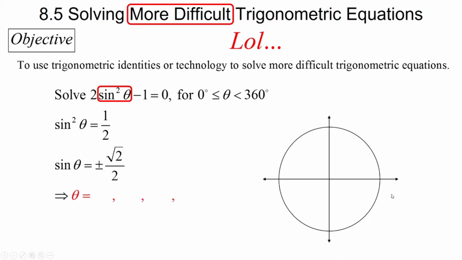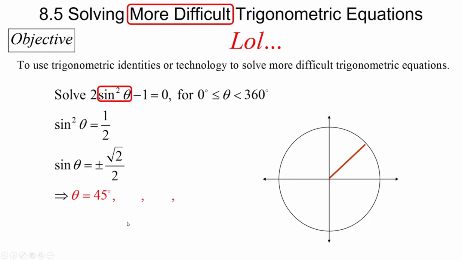Now, remember quadrant 1 and all of your reference angles and the angle pi over 4. At pi over 4, isn't this vertical distance exactly root 2 over 2? And what mode am I in? I'm in degrees, so that would be a 45-degree angle.